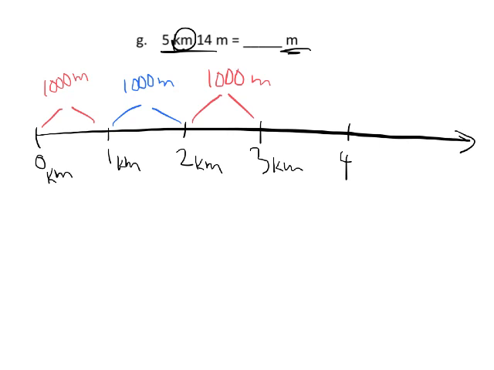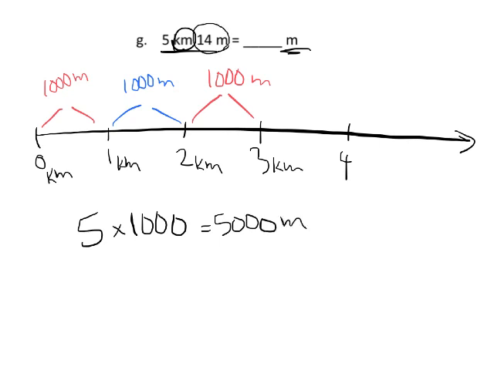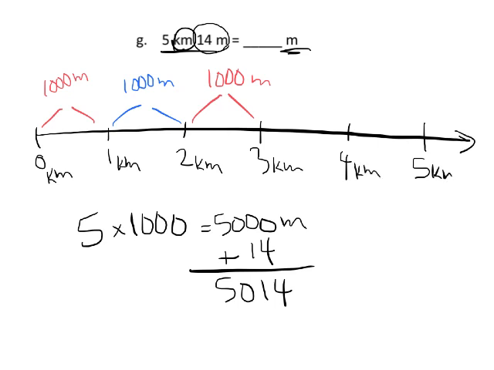So that's going to be 5 kilometers times 1,000. That gives me 5,000 meters. But then it says I have these extra 14 meters sticking out there. So really, if I wanted to, I'm going to add 14, and I get 5,014. I could finish drawing this whole thing. Here's 4 kilometers, here's 5 kilometers, and then here is 1, 2, 3, 4, 5, 6, 7, 8, 9, 10, 11, 12, 13, 14, an extra 14 meters.